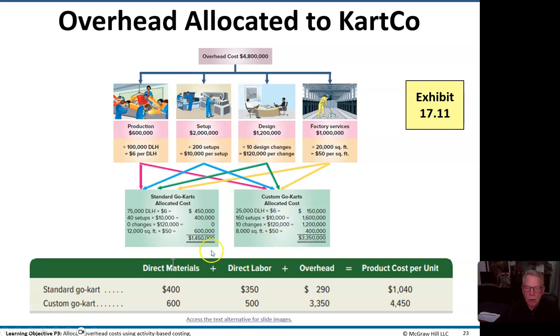Okay, so these allocated costs are quite different than what we calculated with the single predetermined overhead rate or even the departmental overhead rates.